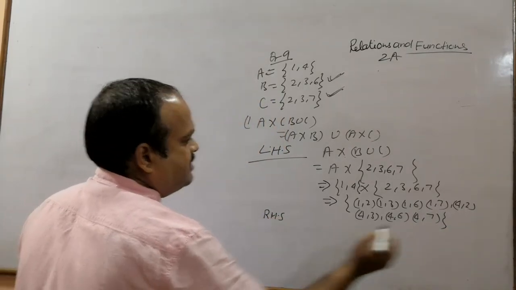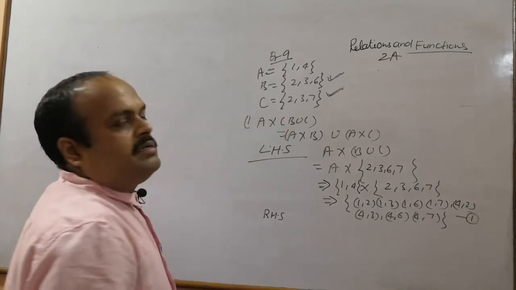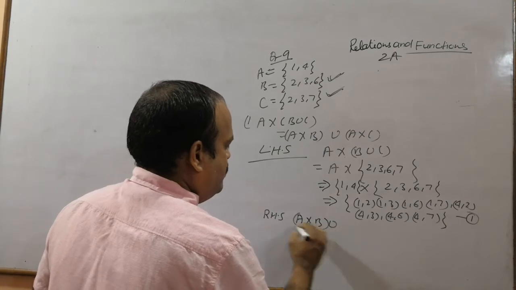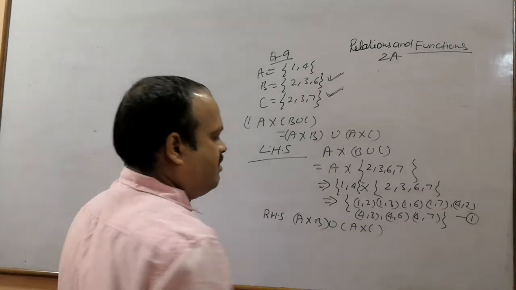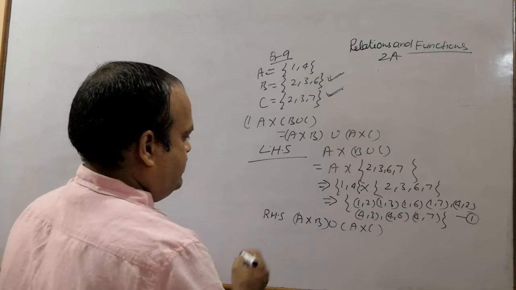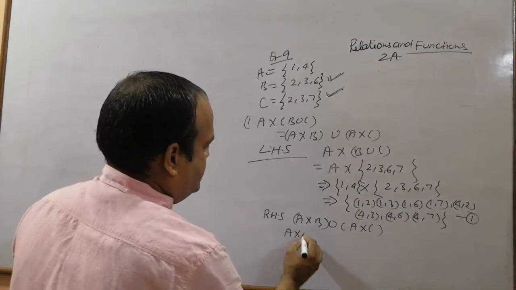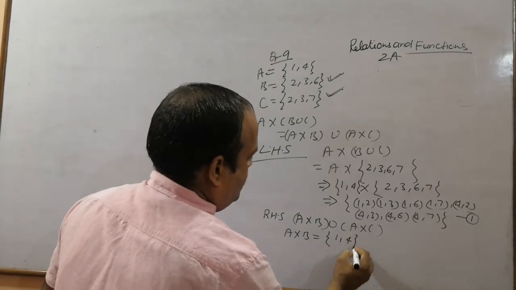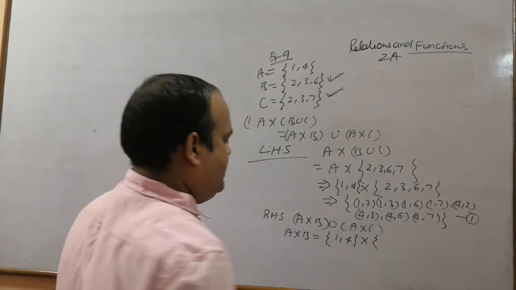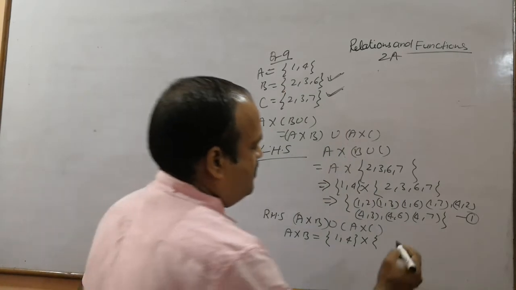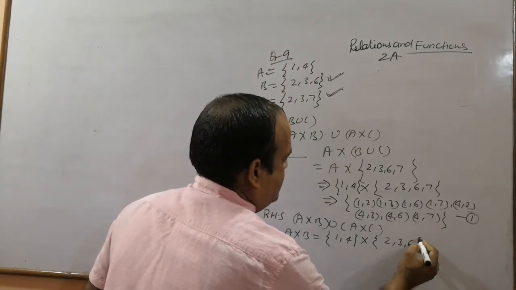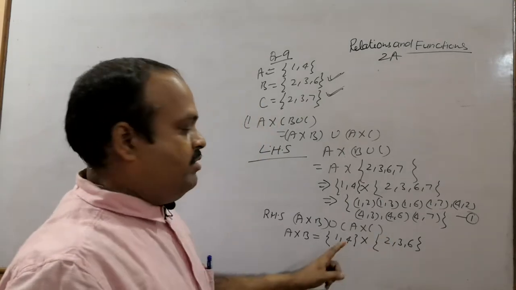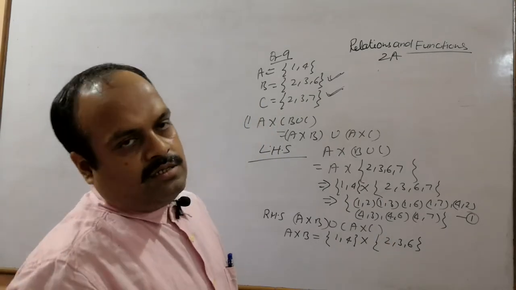RHS: (A cross B) union (A cross C). First let us get A cross B. A is {1, 4}, B is {2, 3, 6}.